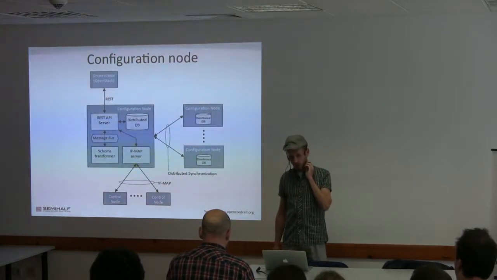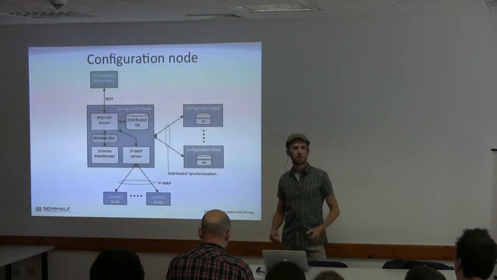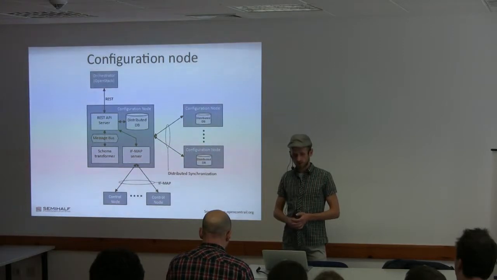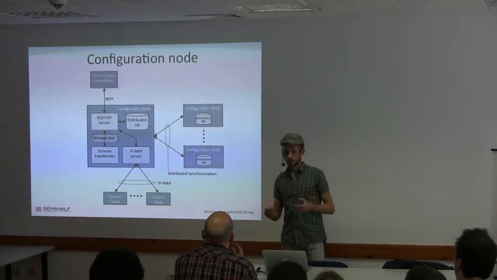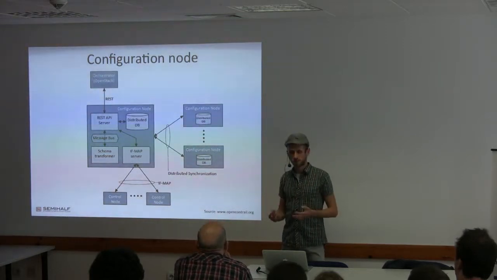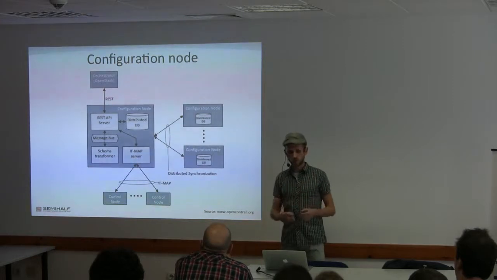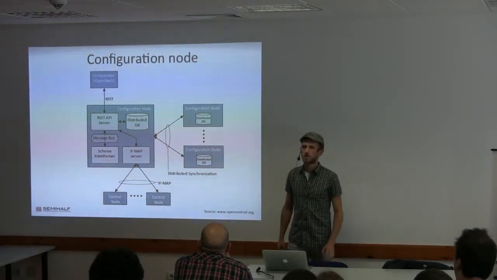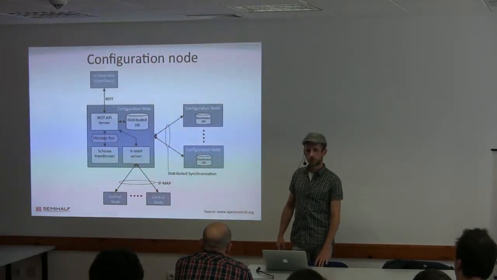At the very top, we have a configuration node, and the task for the configuration node is to provide the API for the user or for the orchestrator. In this case, when you use OpenStack, you use Neutron and a plugin, which will talk to the configuration node using very high-level description.